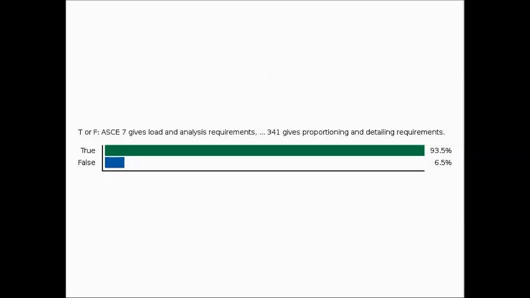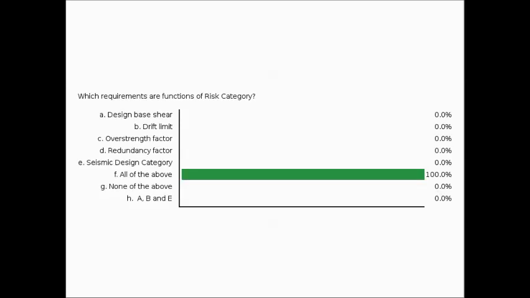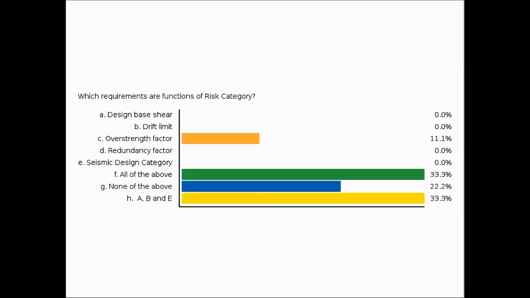Okay, and then we got one more polling question here. Which of the following requirements are directly functions of risk category? Which of these answers is correct? Design base shear, drift limit, overstrength factor, redundancy factor, seismic design category, all of the above, none of the above, or A, B, and E?